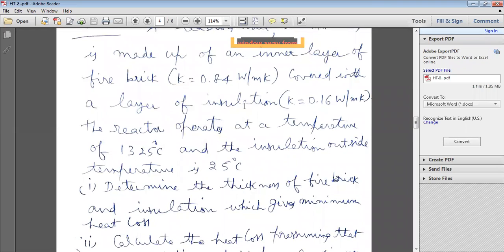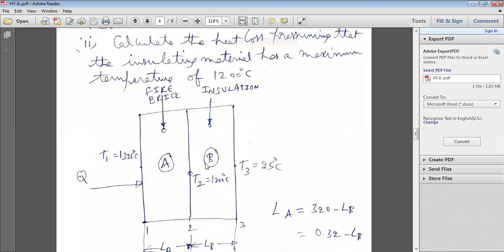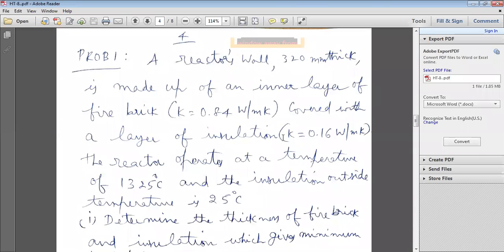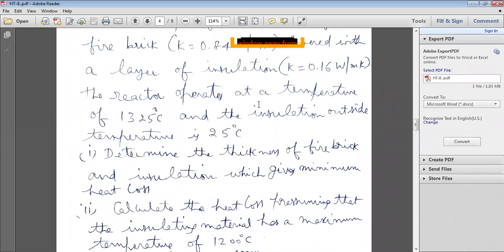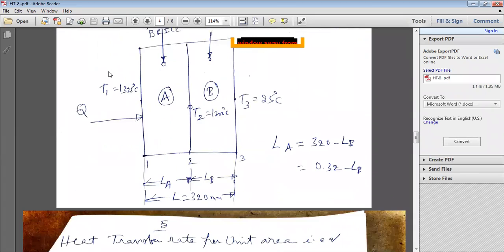Covered with a layer of insulation, that is this one, material B. The thermal conductivity of material B, the insulating material, is k equal to 0.16 watt per meter Kelvin. The reactor operates at a temperature of 1325 degrees centigrade.